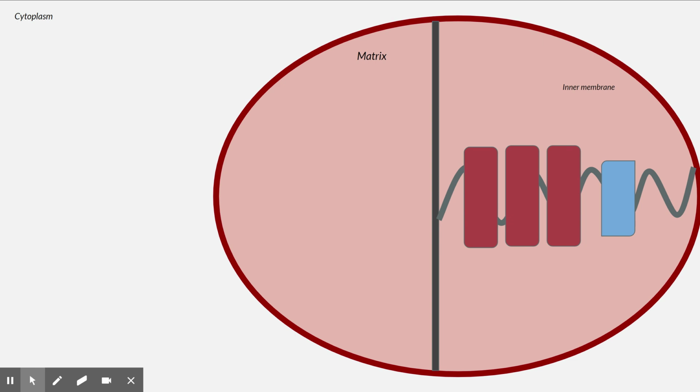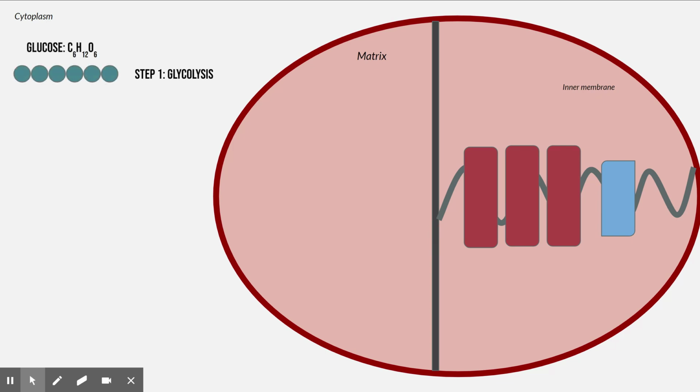Now let's go back to step 1 and look at what happens during step 1. What's it called? What are the different steps that occur? Step 1 is known as glycolysis. I would encourage you to try practicing saying some of these words as you listen as well. So glycolysis is step 1. Glycolysis starts with glucose.